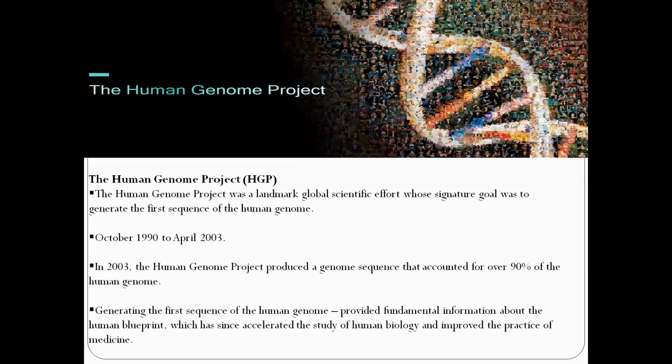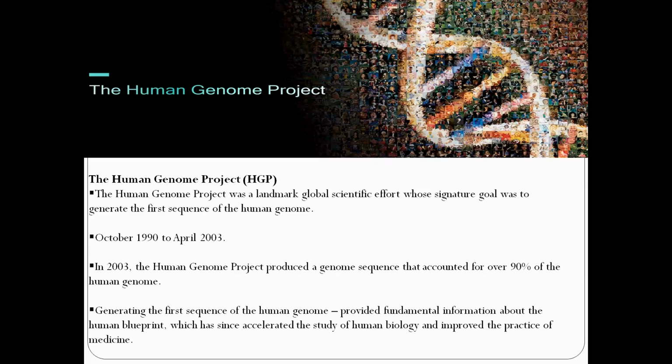It took a lot of years, because during that time, the only way to sequence the human genome was the traditional method of Sanger sequencing. And when this project was completed, it accounted for over 90% of the human genome. So we were at that time able to know the constitution of 90% of our genome.